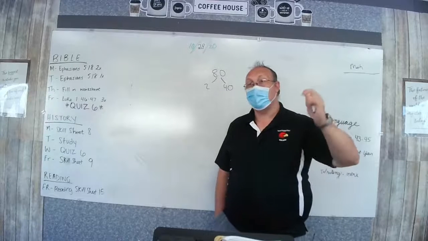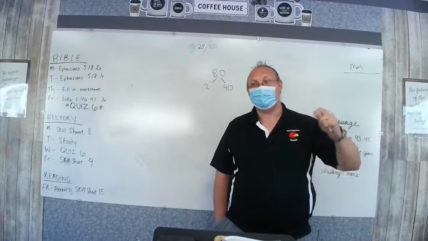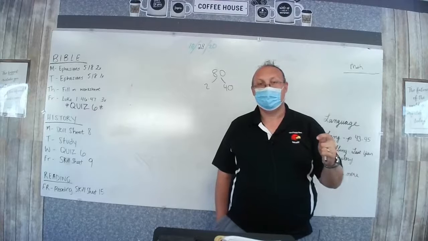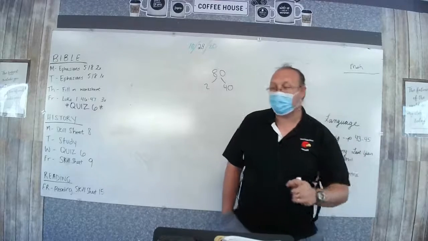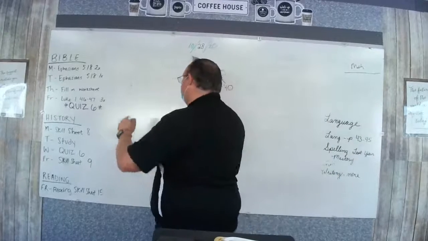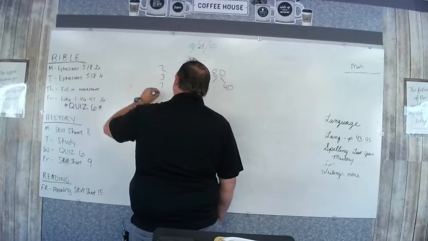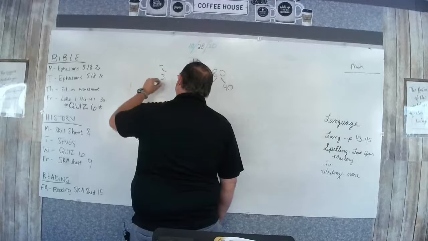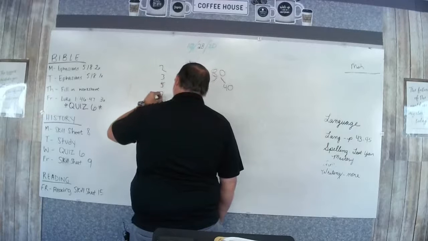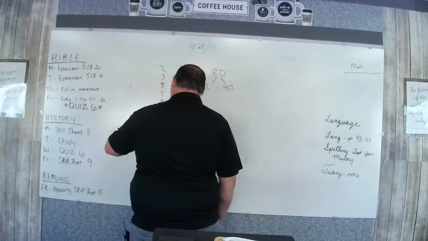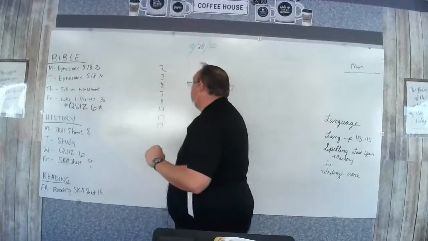A number whose only factors are 1 and itself. We've listed before the prime factors less than 20: 2, 3, 5, 7, 11, 13, 17, 19.